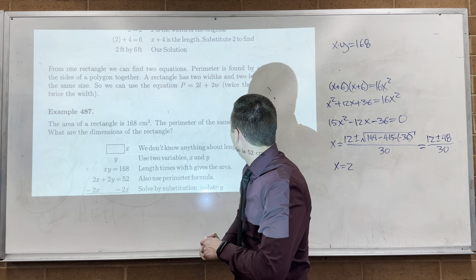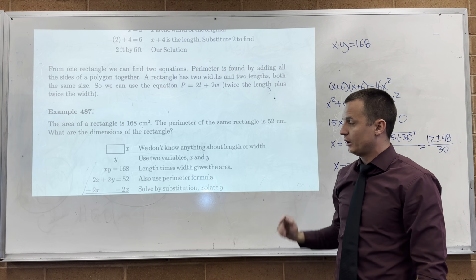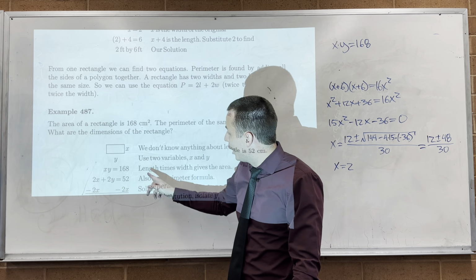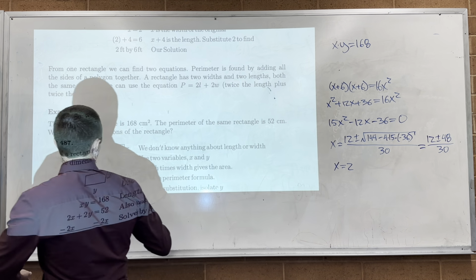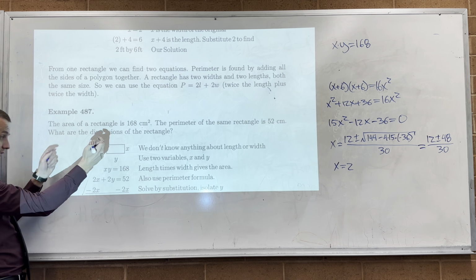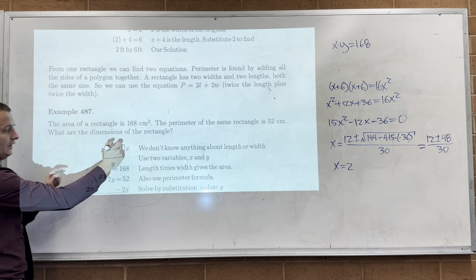The other information I have is the perimeter is 52 centimeters. How do you get the perimeter of a rectangle? You're adding up all 4 sides. Now this side has length x. How long is this side? Length x, length y.